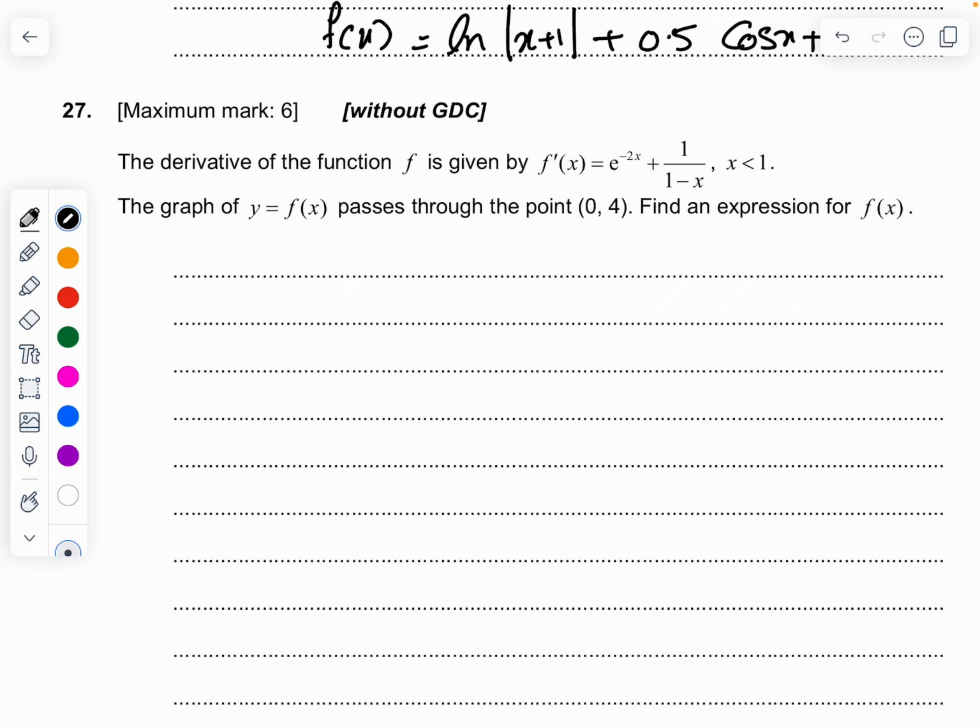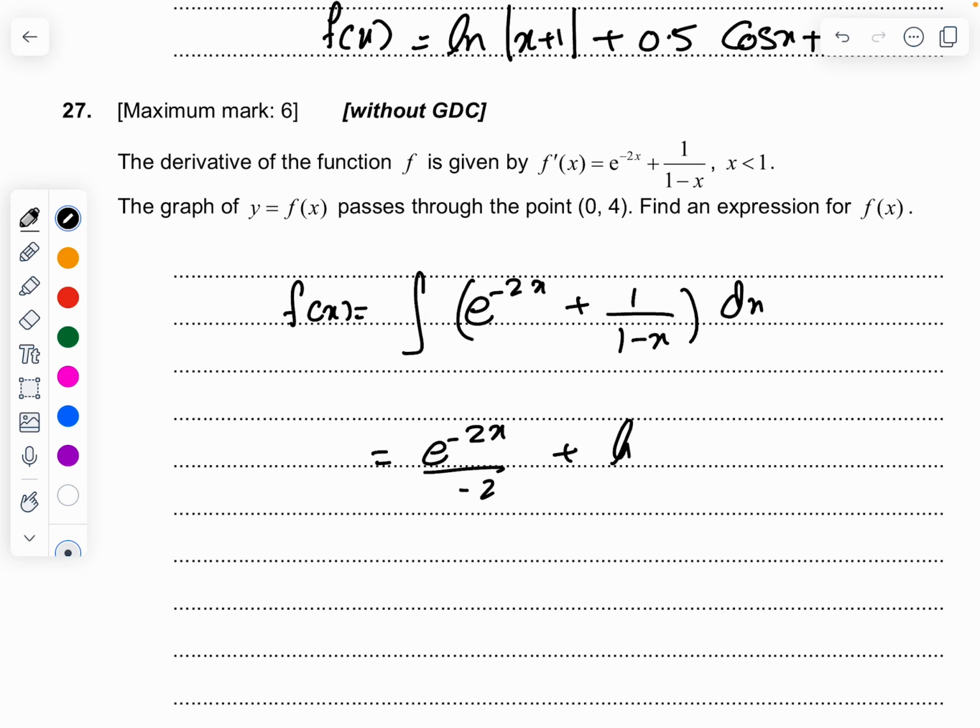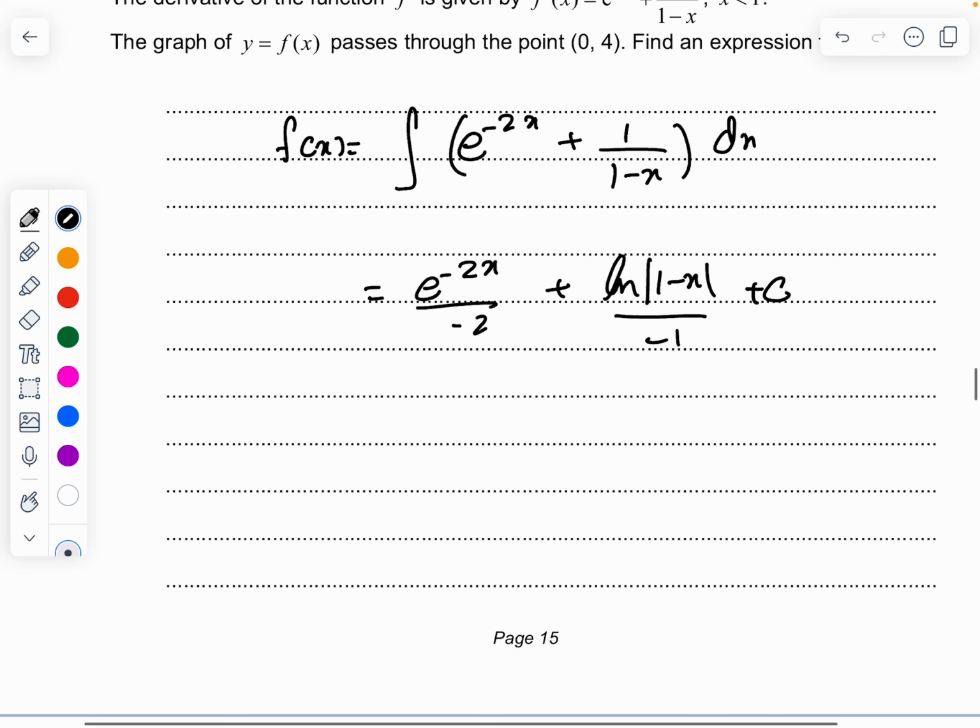Question number 27. f prime x is given. The graph y equals f of x passes through the point 0, 4. Find an expression for f of x. So f of x equals the integral of e power minus 2x plus 1 upon 1 minus x dx. So that will become e power minus 2x upon minus 2 plus ln of 1 minus x divided by minus 1 plus c.